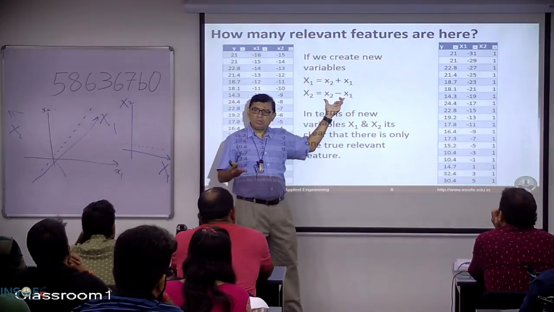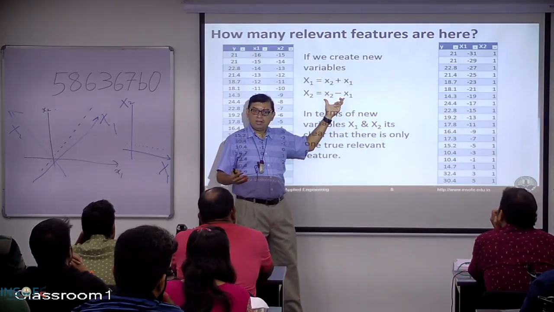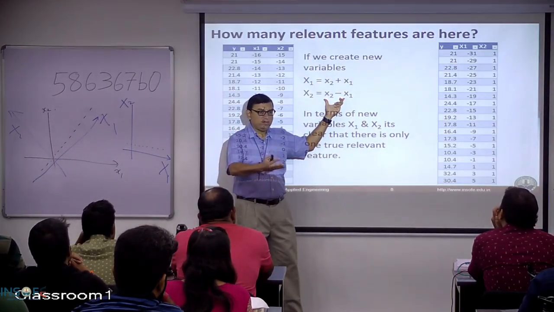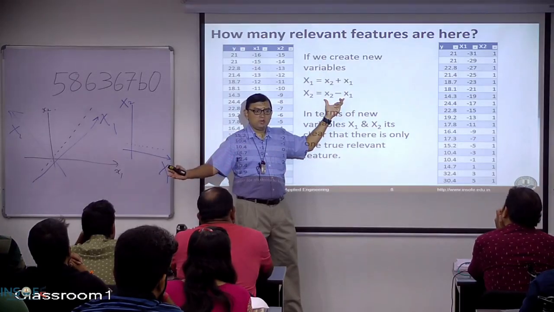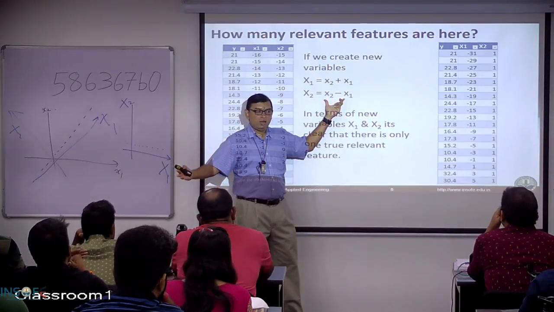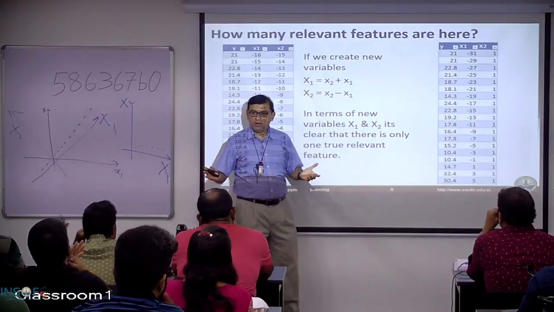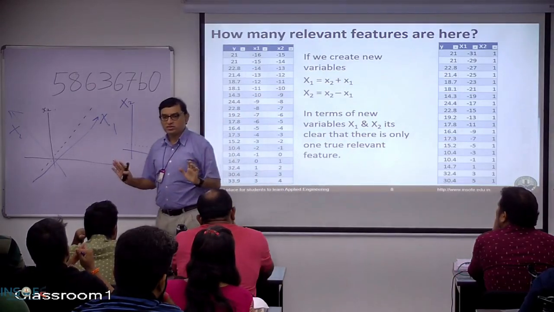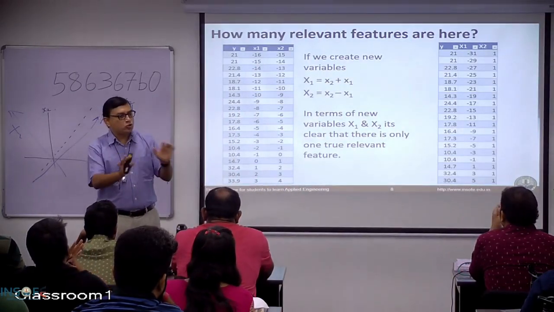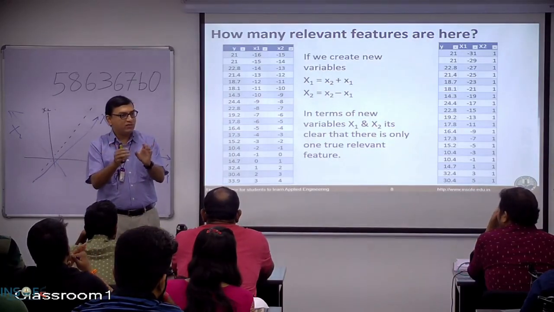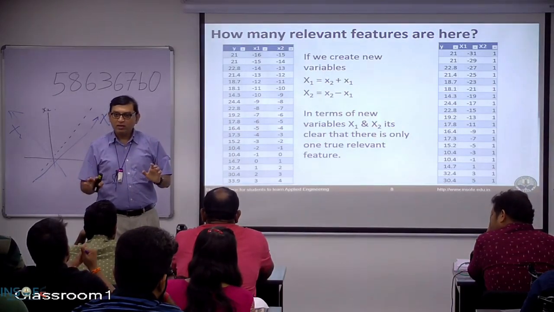Am I allowed to do that? Am I allowed to subtract weight from horsepower? I can't do that. It makes no sense to mix two different variables when the units are not the same.